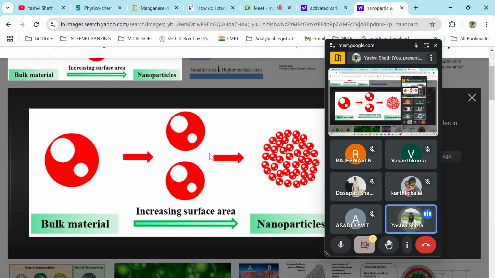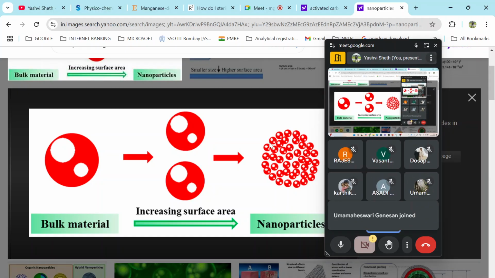As you keep on decreasing the size, what happens? Let's say only this much area is exposed, while the inner area you are not able to expose to the exterior. Now, when you keep on decreasing the size, the inner area is also exposed to the external medium.